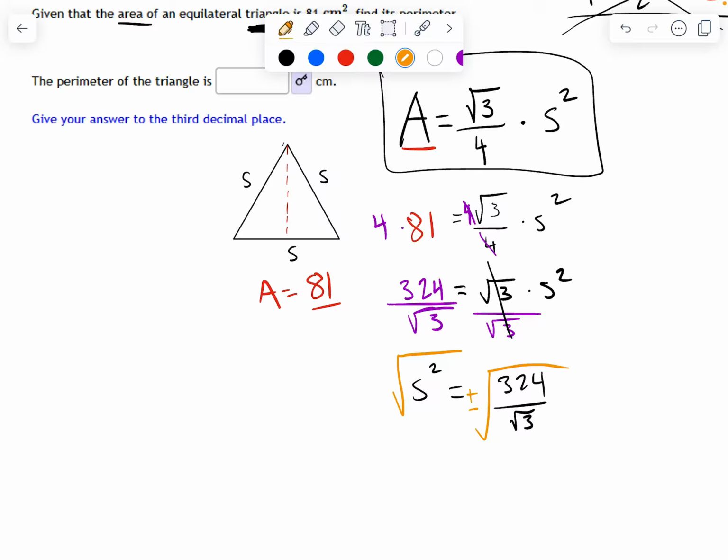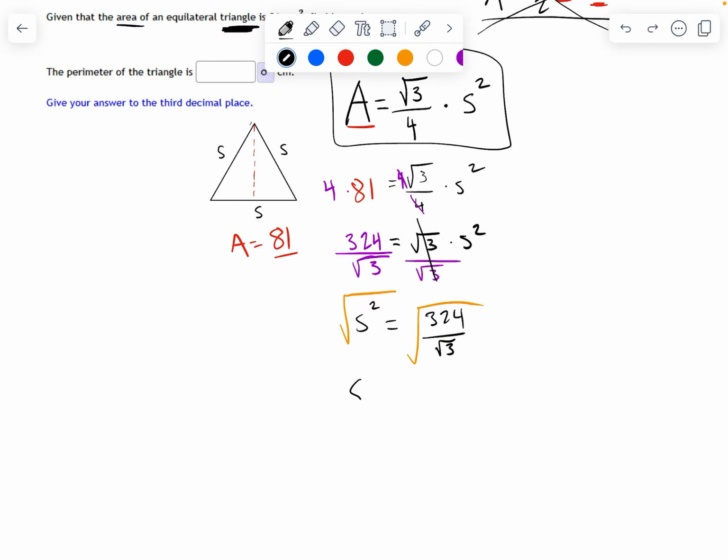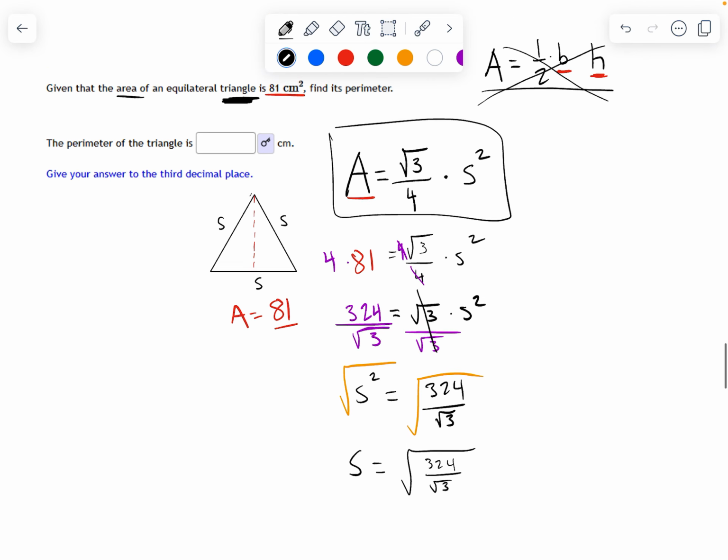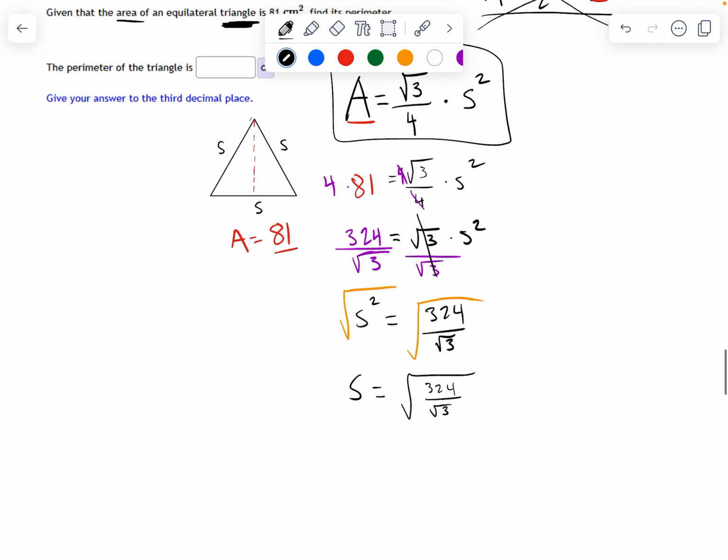Lengths cannot be negative, so we're only going to do the plus, because the minus would give us a nonsensical length. So S, the side length of my equilateral triangle, will equal the square root of 324 over the square root of 3. It's kind of gross that we have a square root and a square root, but that's just what it is.